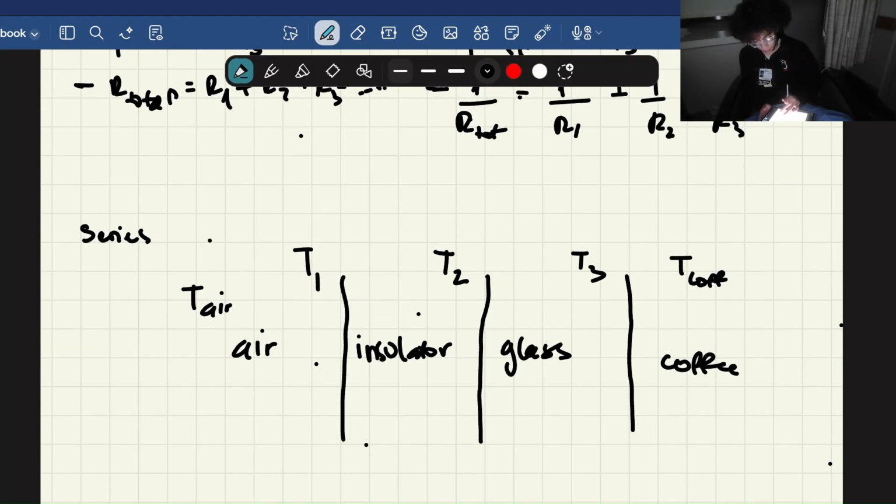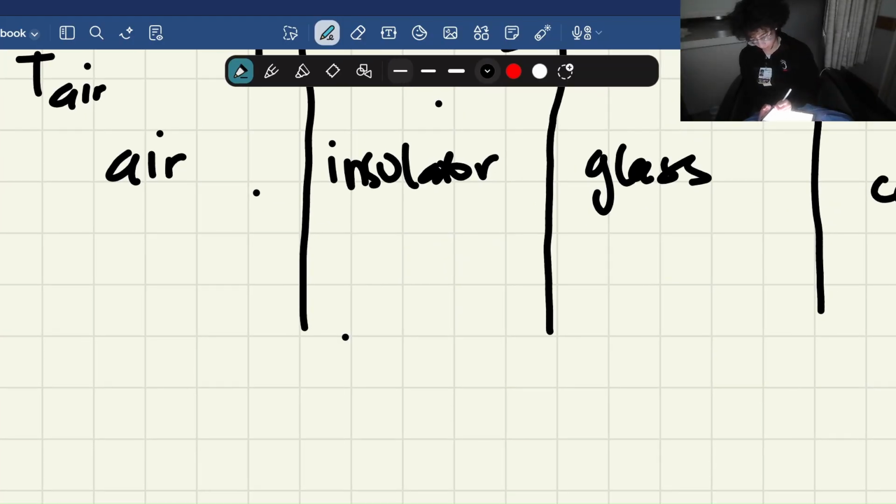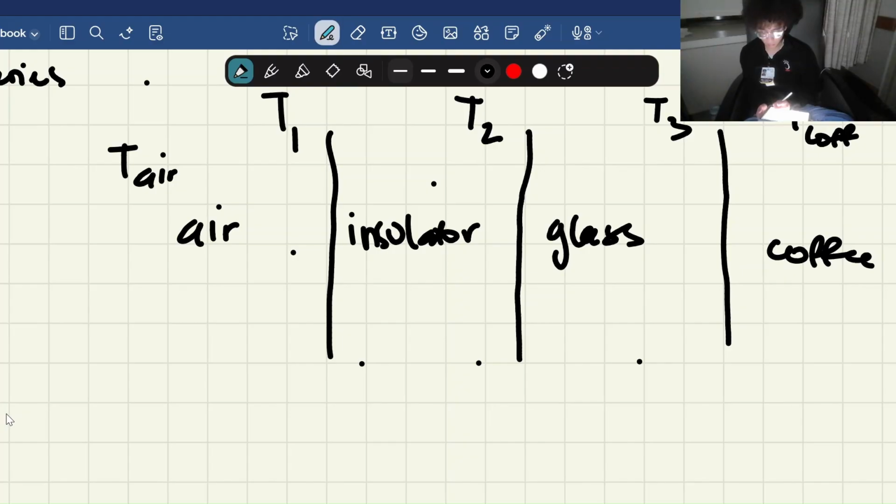So we're gonna write the general heat transfer equation.